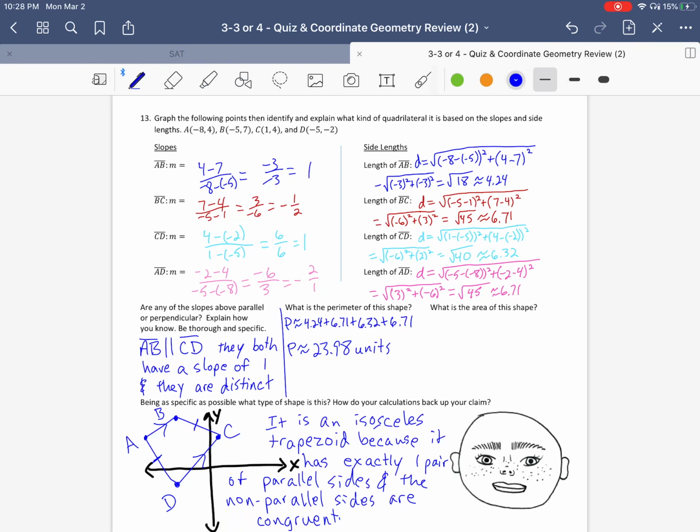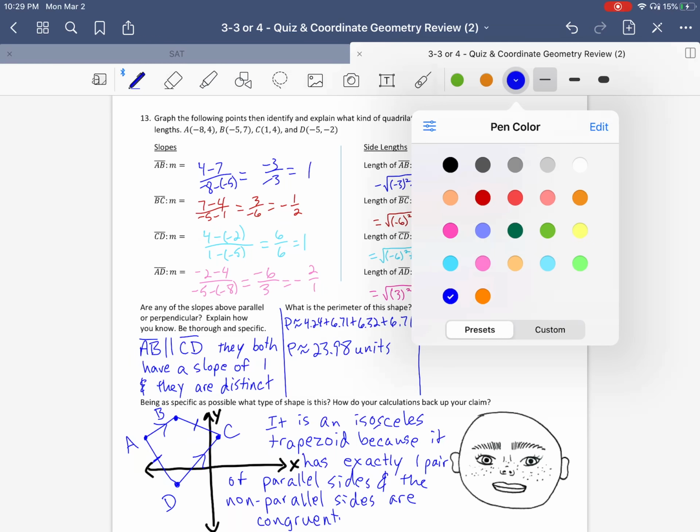The next part that I'm going to answer is what is the area of this shape? And I'm actually not going to answer this. If this were a trapezoid where I easily could find the height, I could easily calculate the trapezoid's area.